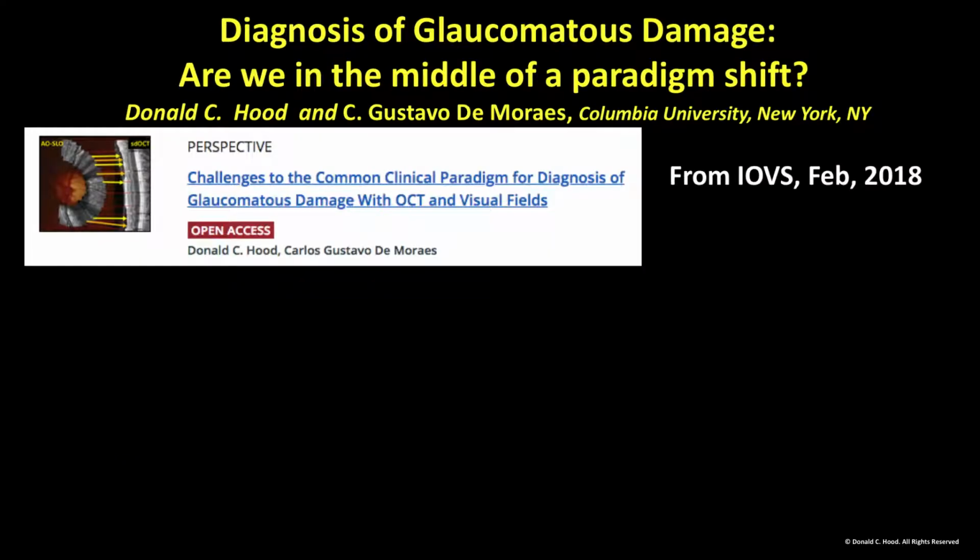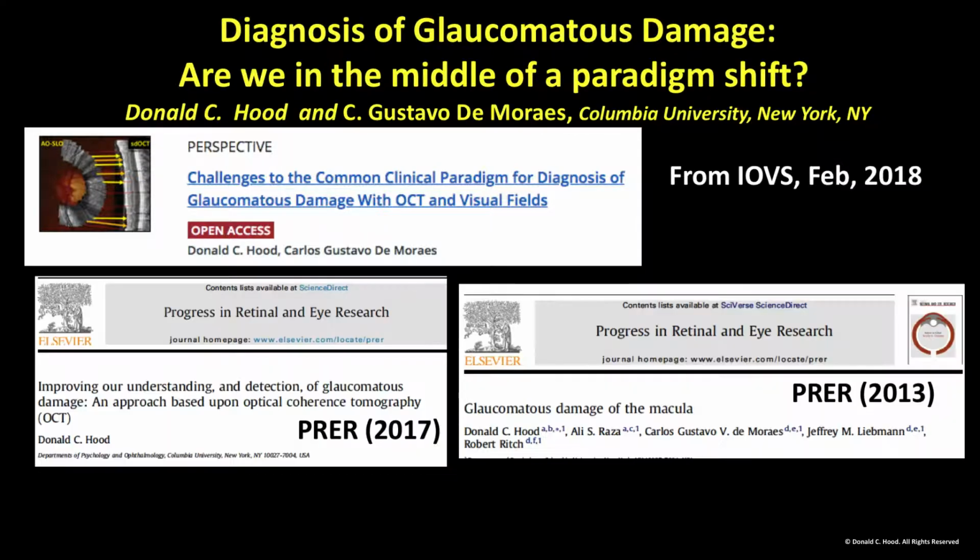Before I start, in terms of background, you could read a general summary of our position in this perspective that was published in February 2018 in IOVS. Or you can go to these two Progress in Retinal and Eye Research review papers that were published in 2017 and 2013.